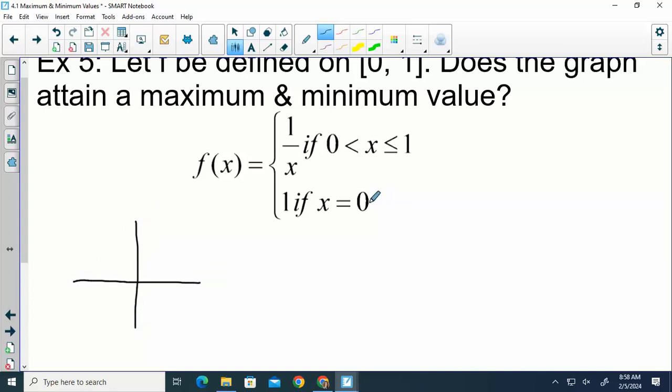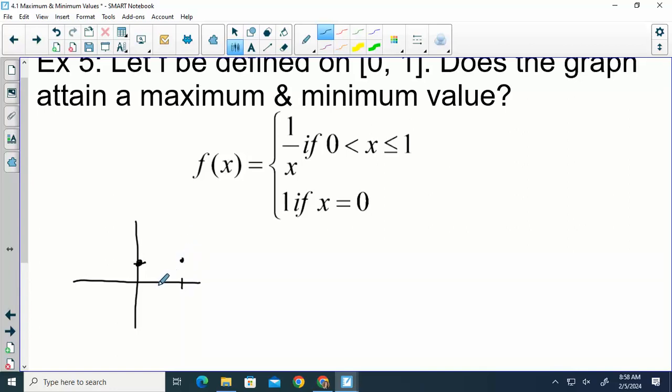1 if x equals 0. What's that? Just a dot on the graph. When x equals 0, we get out 1. 1 over x for 0 less than x less than or equal to 1. We can't plug in 0 anyway. If we put in a 1, 1 over 1 is 1.